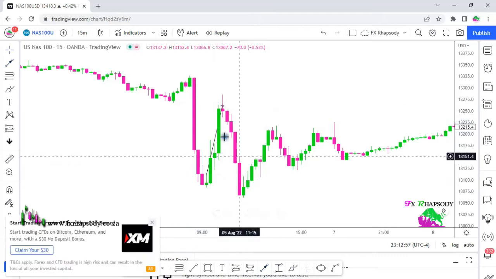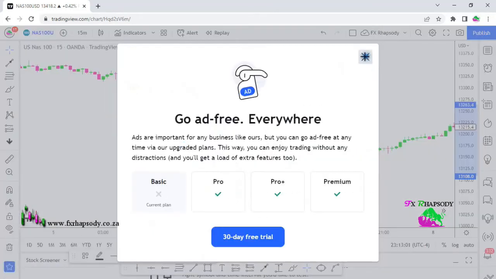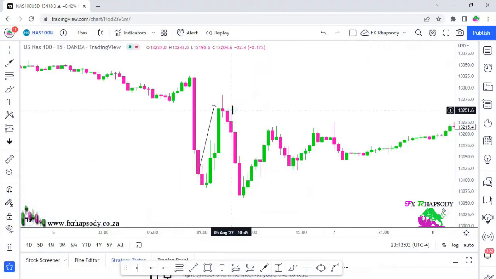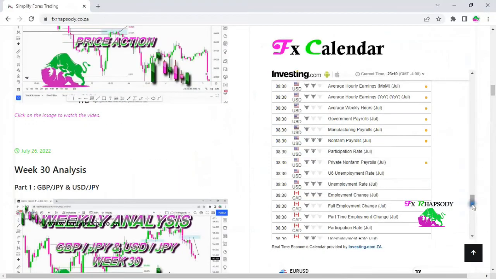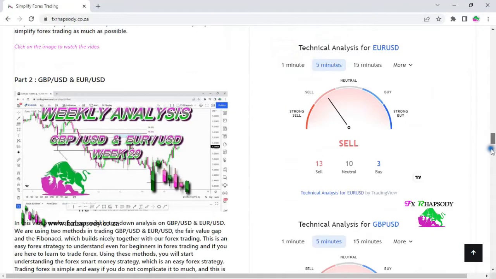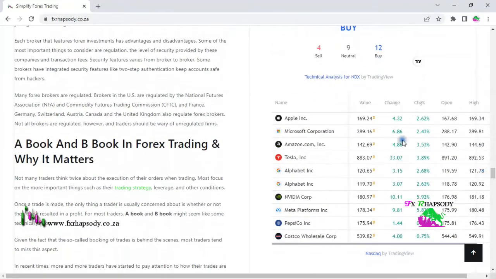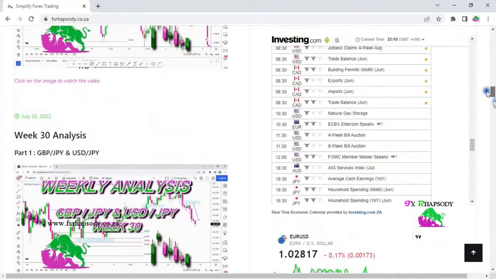And once that pullback happens, you then go down in my calendar, and I'll show you an example of what happened yesterday as well. And then you actually look at how the companies in Nasdaq fare after the news events, and that is how you trade it.